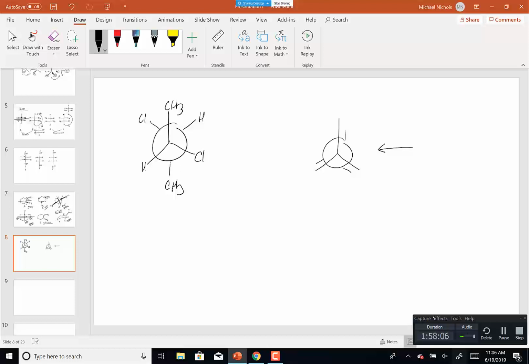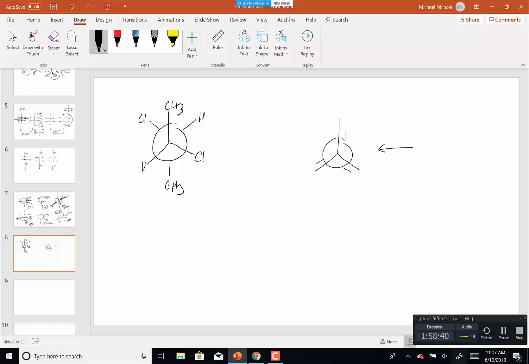Newman projection, missing the back. So when this is eclipsed and the groups are lined up, the mirror plane's got to go this way so that when it cuts it in half, these two groups are the same, these two groups are the same, and the back two groups are the same.